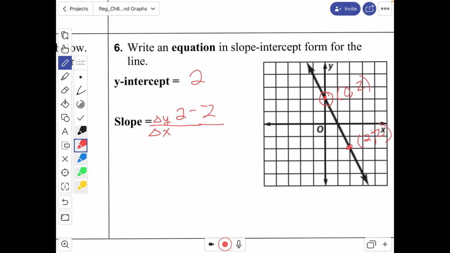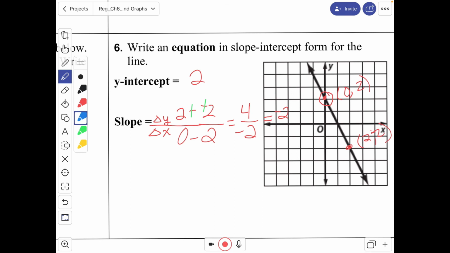That's a -2. And the x that went with the +2 is 0, minus the x that goes with the -2 is 2. Remember the rules for integers. Keep, change, opposite. So 2 plus 2 makes 4, and 0 minus 2 makes -2. And 4 divided by -2 would make negative 2. So the slope is negative 2.